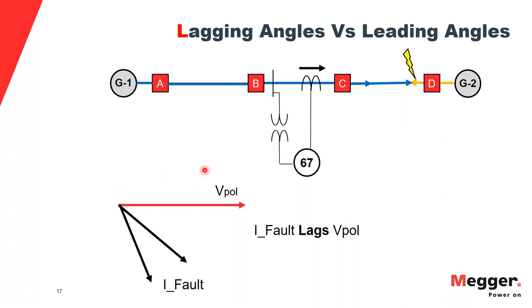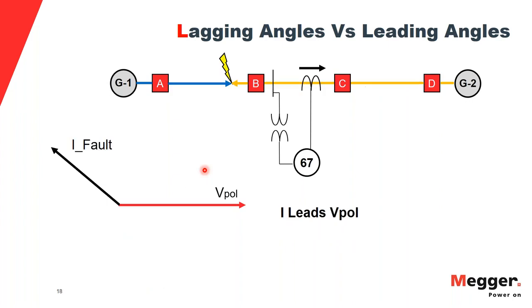So what happens when I see a fault in the reverse direction? Let's say this example where the fault is in the reverse direction for 67. In this example, you can see that generator G2 is feeding the fault, and the CT that is meant for measuring the current in 67 sees it in the opposite direction. So it's a reverse zone for 67 in this example.